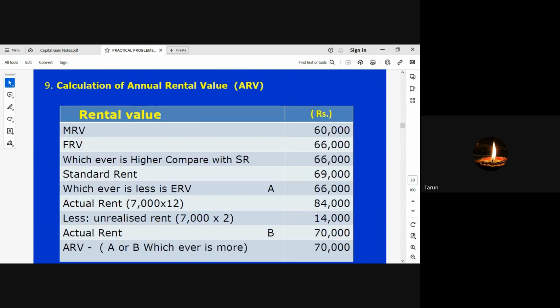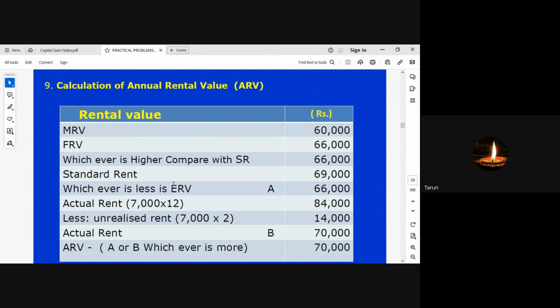Whichever is less is the expected rental value. So 66,000 is the expected rental value.